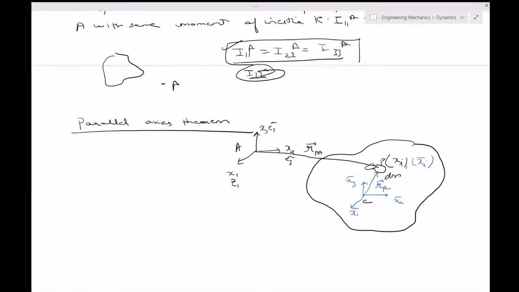Now let's go through this working. What does this theorem tell us?